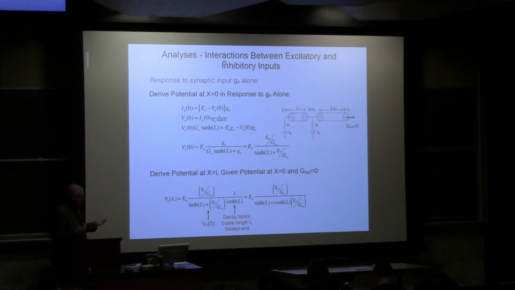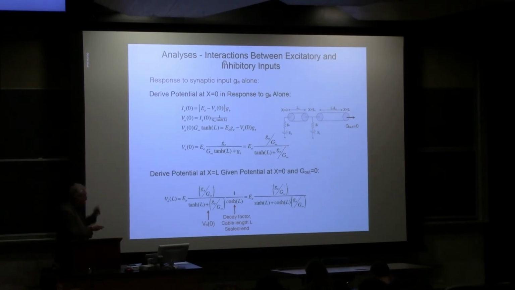So we know how to solve for the voltage at the end of this cable given this current input is injected into the other end of the cable. We've got the equations for that, and we can work it out. So we won't do it. It's a simple problem. I presented it the first day. And so that's our kind of baseline voltage.